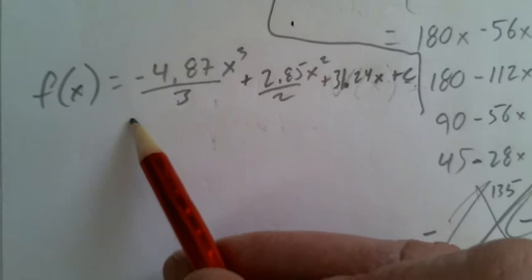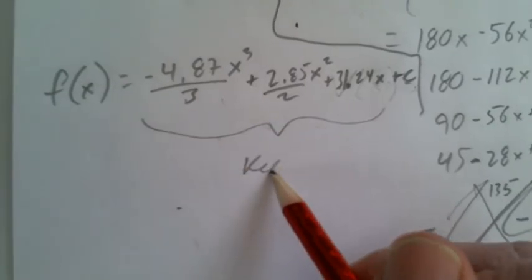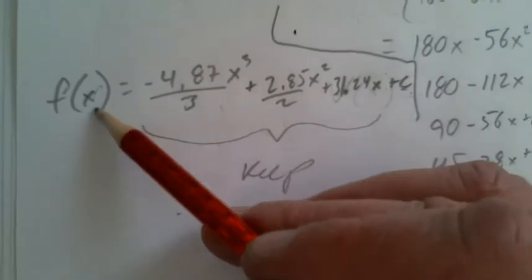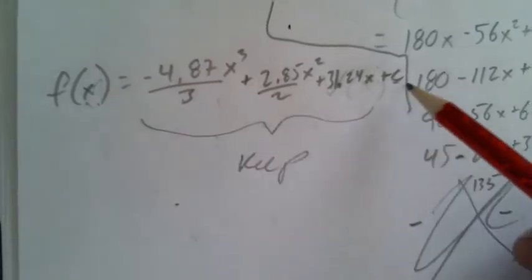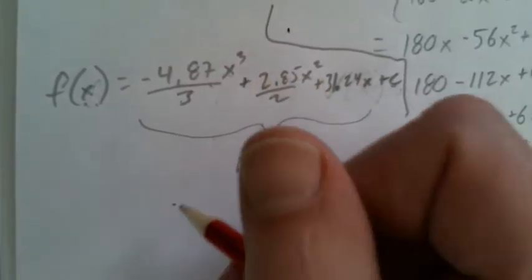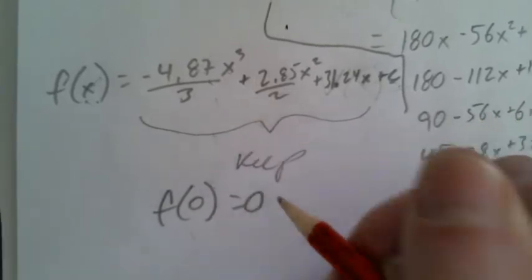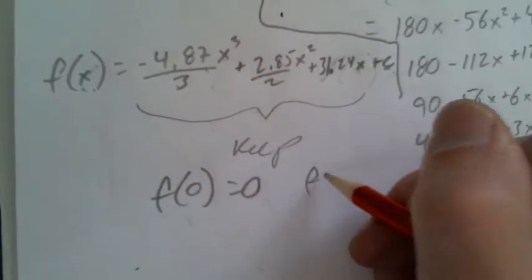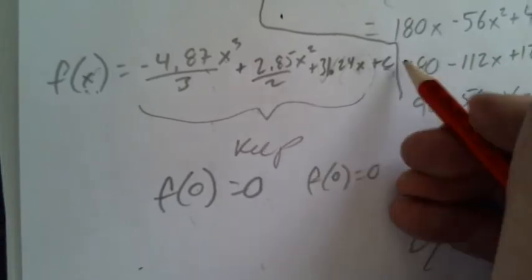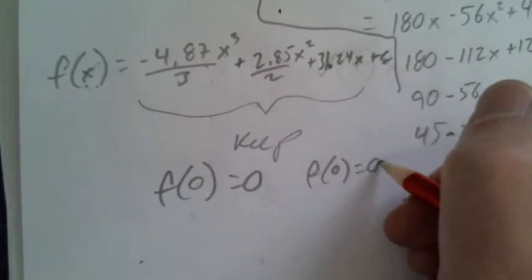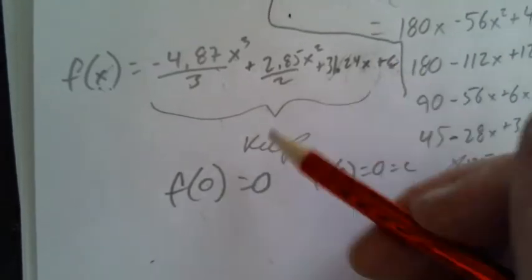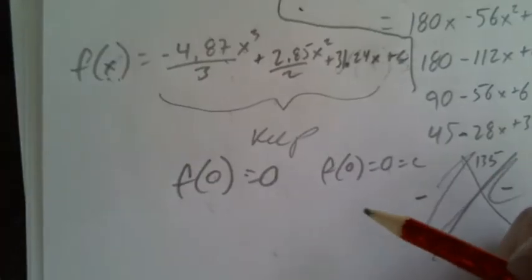So we can just keep all this. For this to be true, we plug in 0 here, and we're left with f of 0 equals 0, because 0 is C. All right. I don't know how to explain that, but that's the way it is.